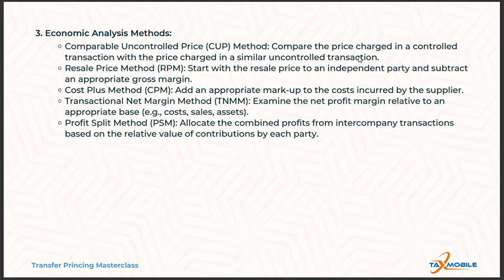For example, in a joint research and development arrangement between related entities, we would apply the profit split method to ensure that each party receives a fair share of the combined profits based on their contribution. So we've looked at that also. It's just to explain all these things again for our understanding.